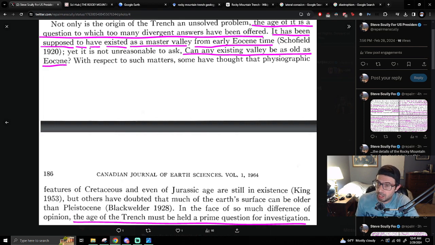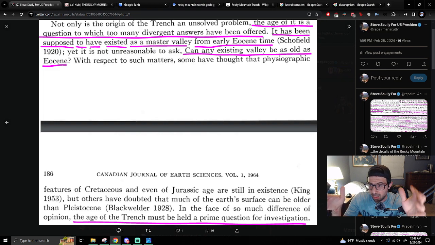Maybe if there was a highly pressurized current passing through that kind of made it a certain way, but then occupied its space so it couldn't just break down as easily, so that radiometric time passed, and then it started to stabilize in a more modern time where it didn't degrade as much, perhaps. The age of the trench must be held a prime question for investigation.